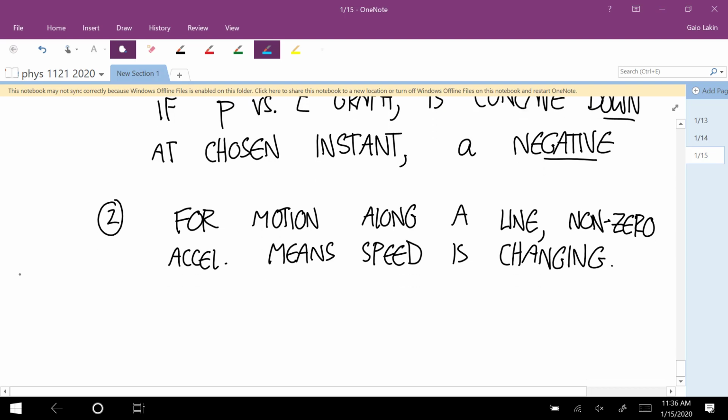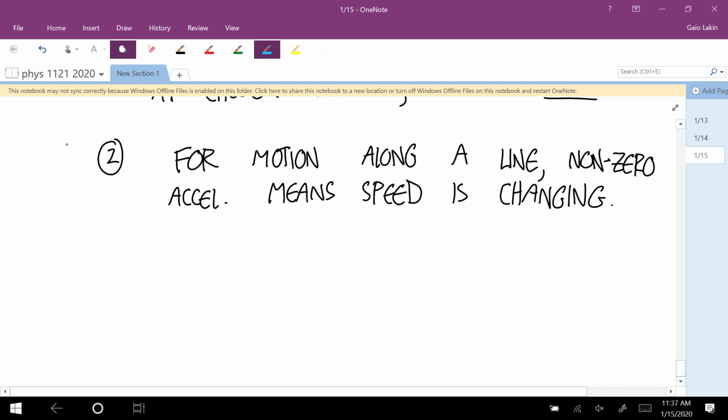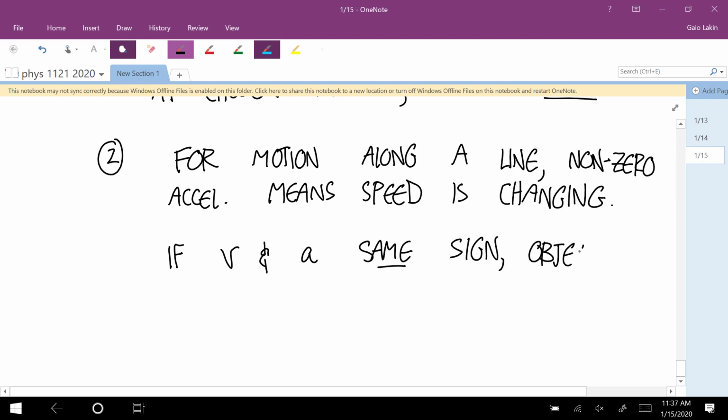So what do you think it would take for the acceleration to tell you that the object's speeding up? Maybe the first thing that would pop into your head is positive acceleration. Yep, the acceleration and the velocity have to be of the same sign. That's exactly right. So if the velocity and acceleration have the same sign, the object is speeding up.